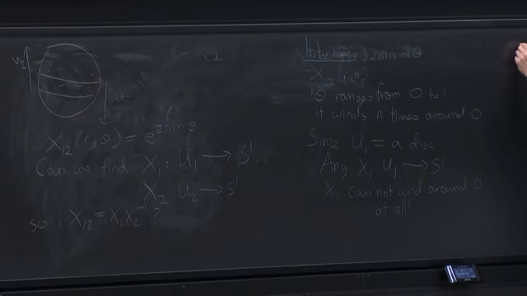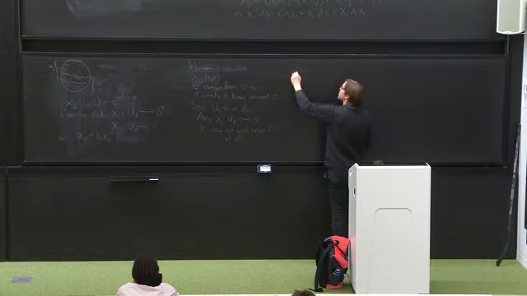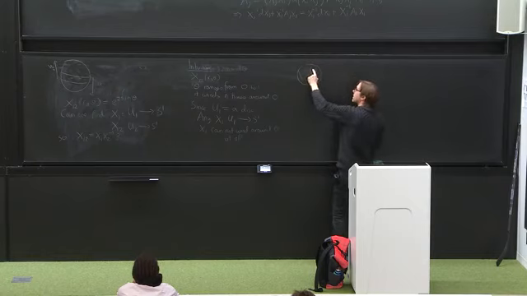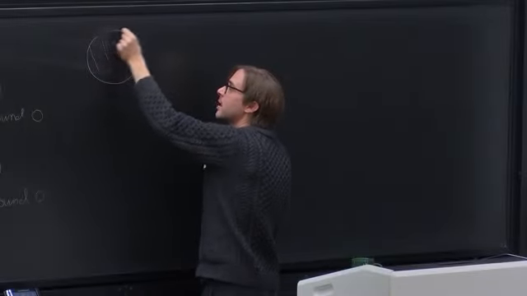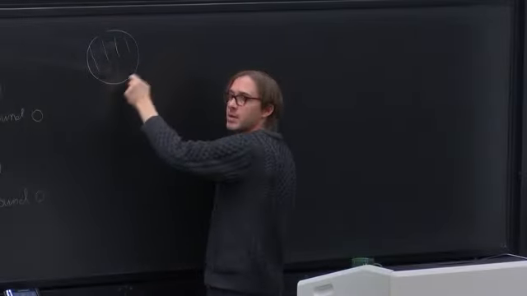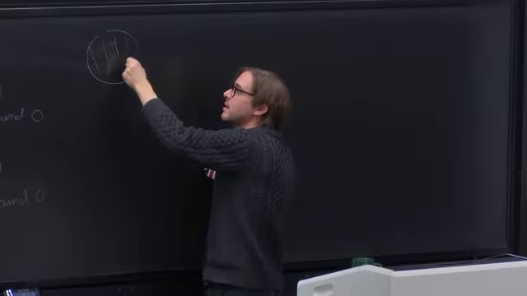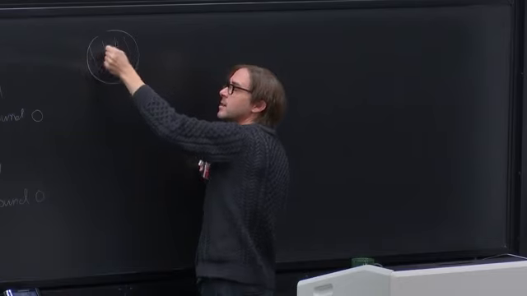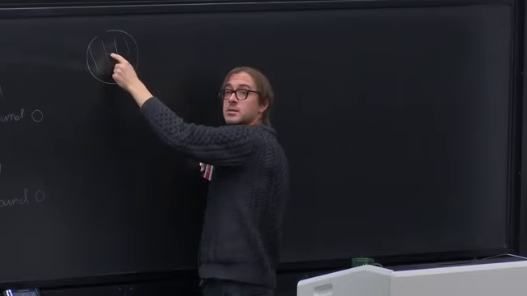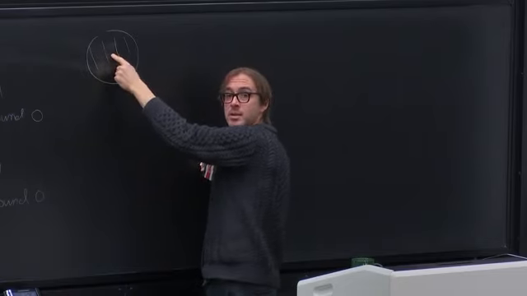So, draw a little picture. This is U1, it's a disk. For every point in this disk, I'm associating a point in the circle. And if I try to imagine how many times it winds around the boundary, well, as I bring this in, that's a discrete quantity. It can't change as I bring it in. But at the origin, it doesn't wind around at all. So that number must be 0.